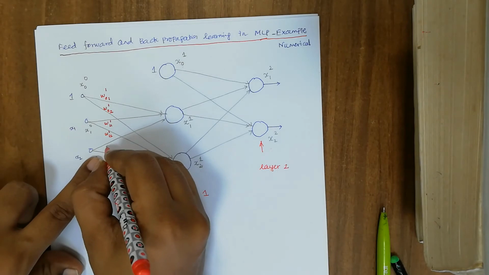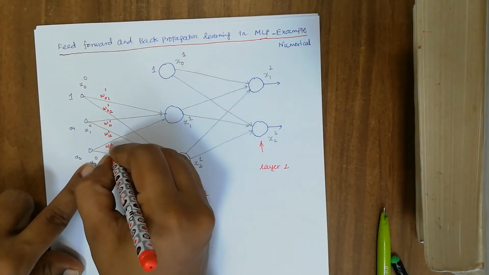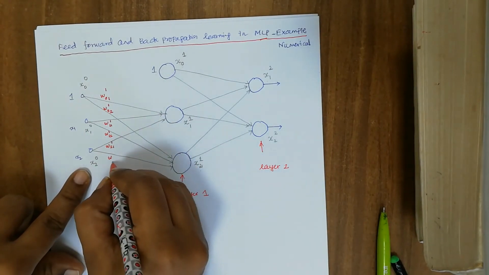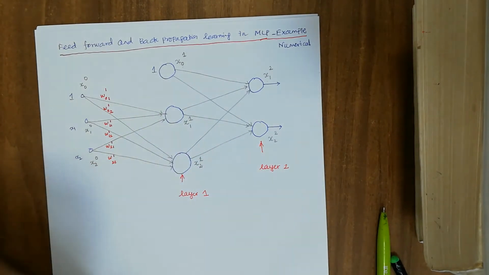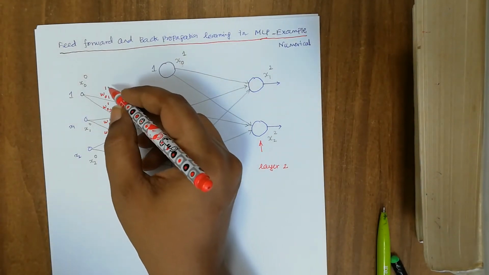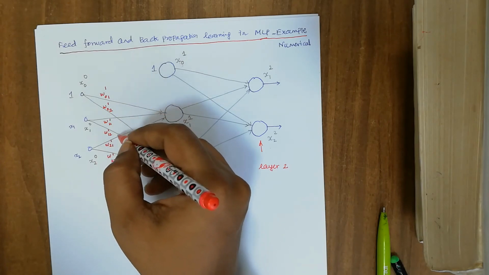First layer. And this one W21, and then this goes to the 1st layer, and similarly this one W22 and then goes to the 1st layer. So these are the weight vectors: W011, W021, W111, W121, and so on.